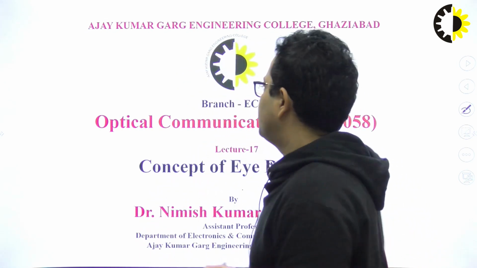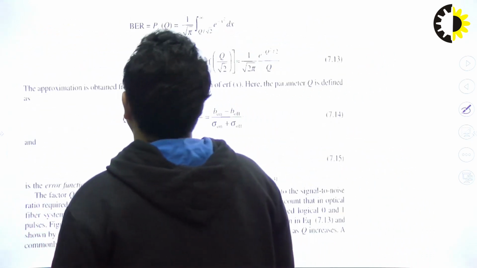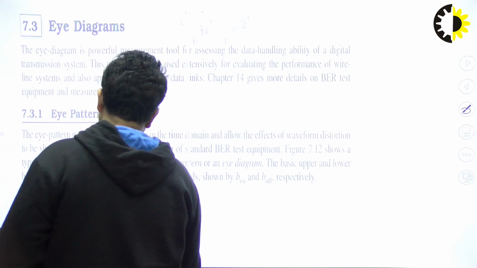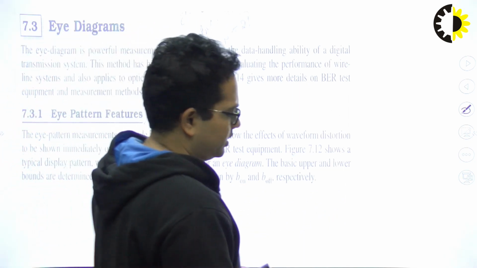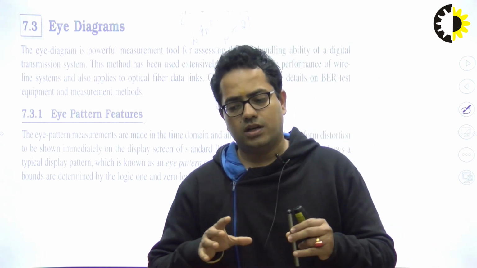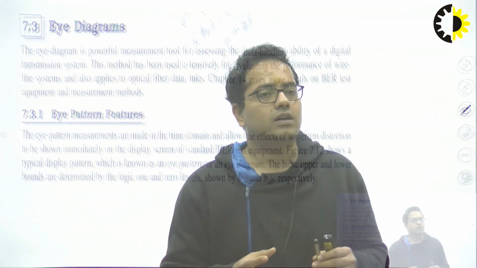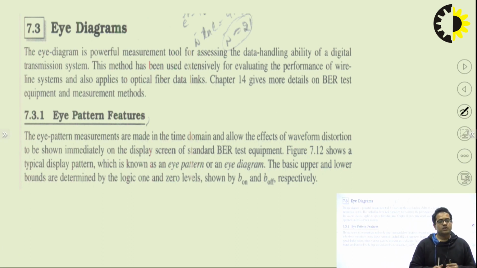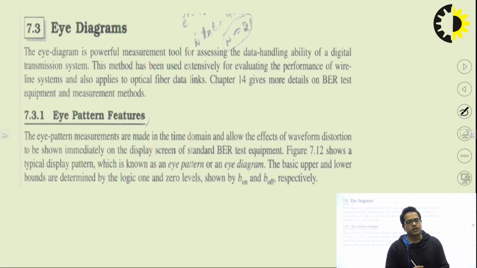So now we will see the concept of an eye diagram. The eye diagram is basically used to evaluate the effect of intersymbol interference on the received signals. If you want to analyze the effect of intersymbol interference on the received signal, then we have to switch to the eye diagram.